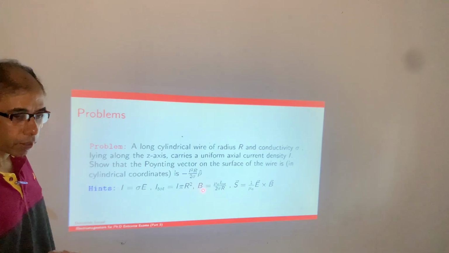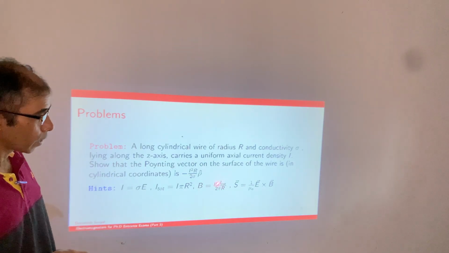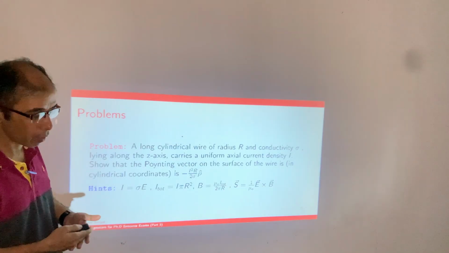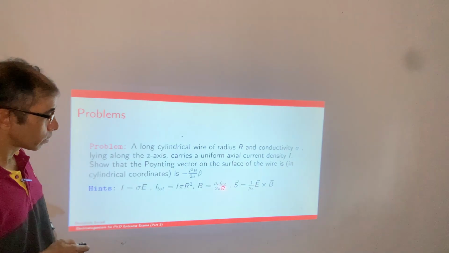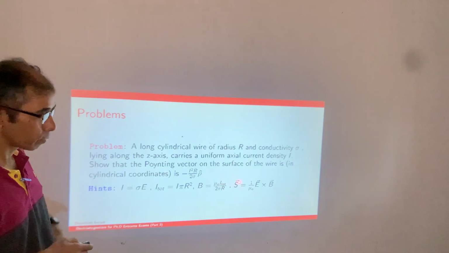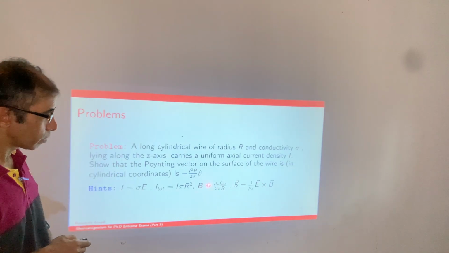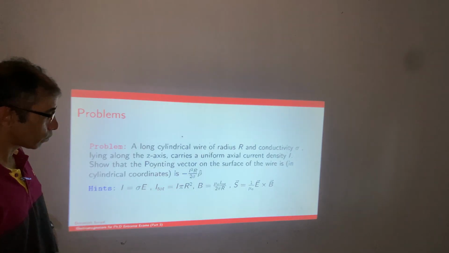You can find out the magnetic field due to this total current, which is mu 0 I total by 2 pi r, and you know the direction. I will not explain these things. If the total current in the wire is given, then you know the direction of B, and I total is also known from this expression.